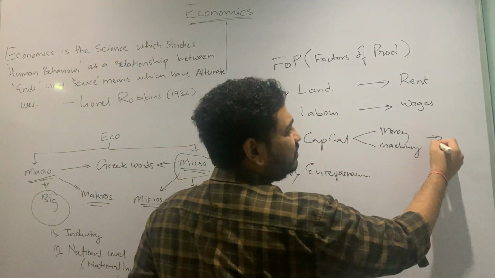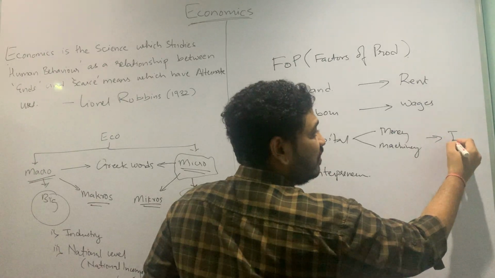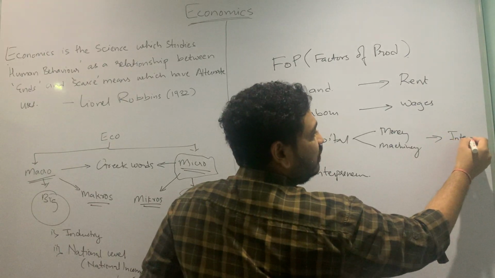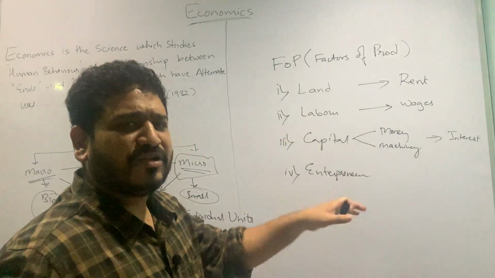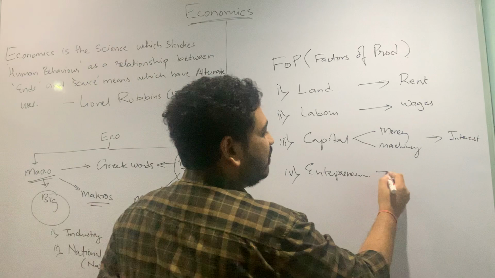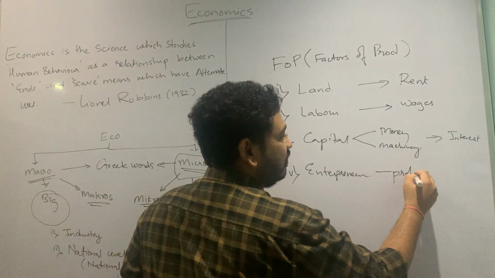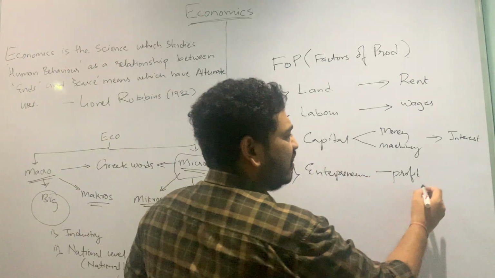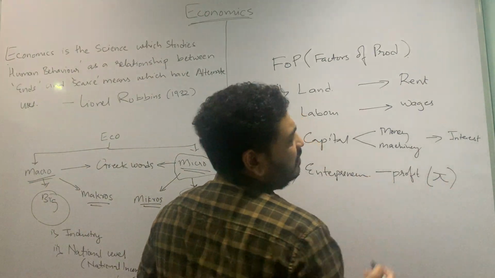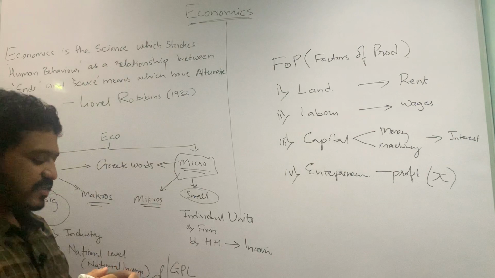For capital, I'll be paying interest, the rate of interest or rate of return, whatever you call it. And for entrepreneurs, he or she will be rewarded with profits. In economics, profits are denoted by pi.